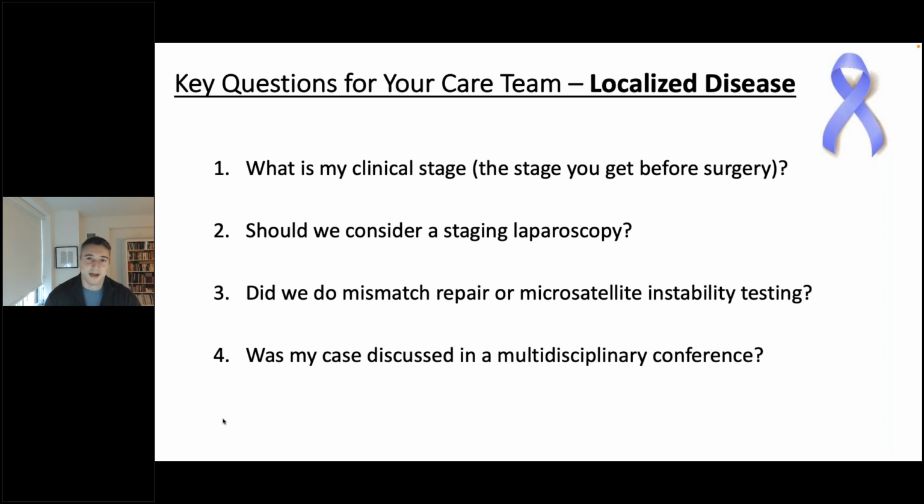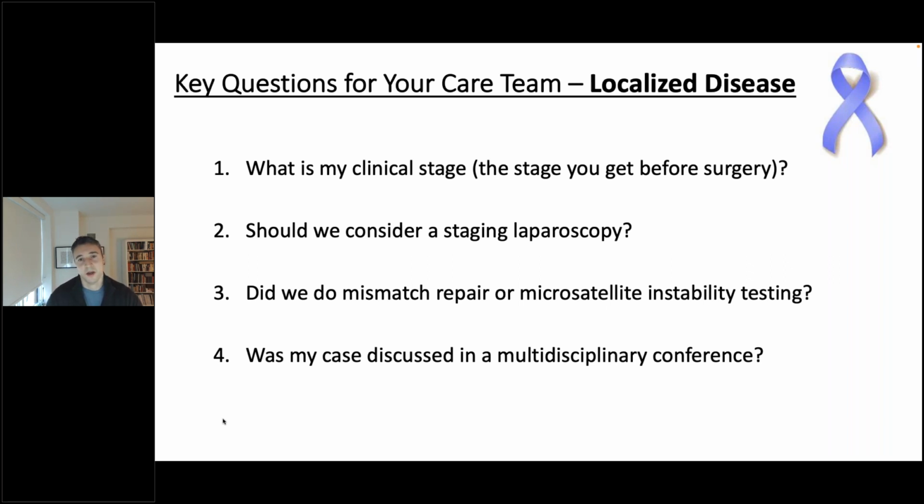It's very important to ask your care team if they've considered a staging laparoscopy, because this is an important way to rule out disease that's hiding in the lining of the abdomen. You need to ask, in my opinion, did we test mismatch repair or microsatellite instability? Because you want to know your status, because it might impact how your team treats you.